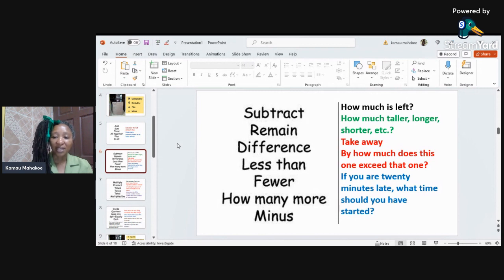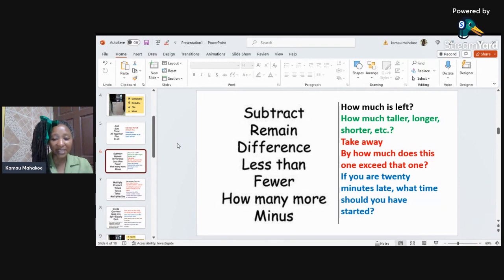So if you're asked how much is left, or how much taller one thing is than another, how much longer or even shorter, or take away, if you're told to take away this amount from that amount, or by how much does this one exceed that one?